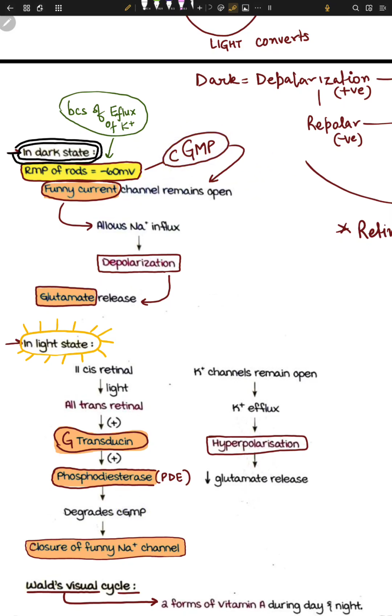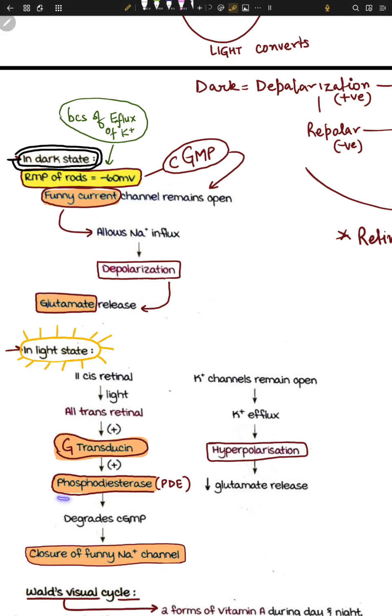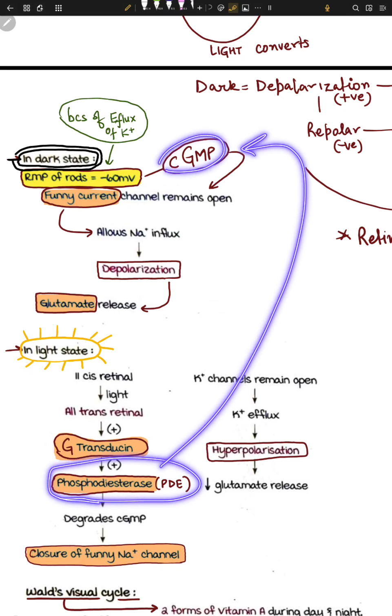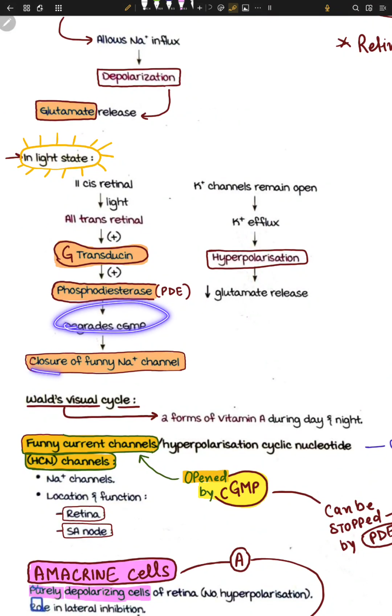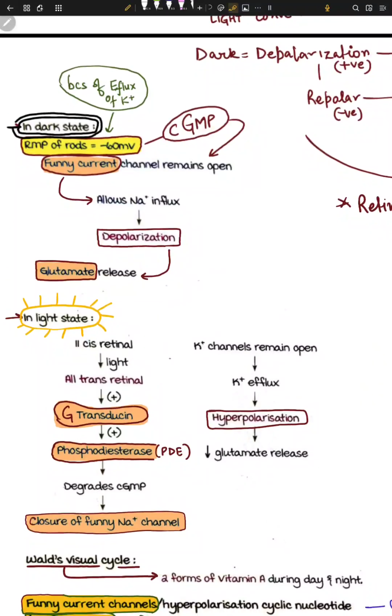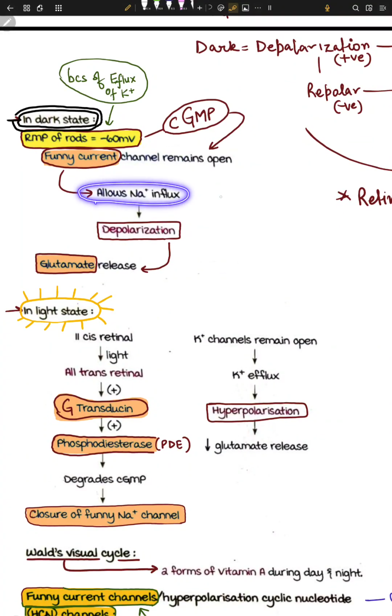So if your cyclic GMP is working, it's nice. If you have the presence of light, which will eventually result in PDE, this will stop this cyclic GMP. So if your cyclic GMP stops, the funny current channel will close. Once the funny channel closes, there will be no entry of sodium. Nothing, nada. No sodium will come in.